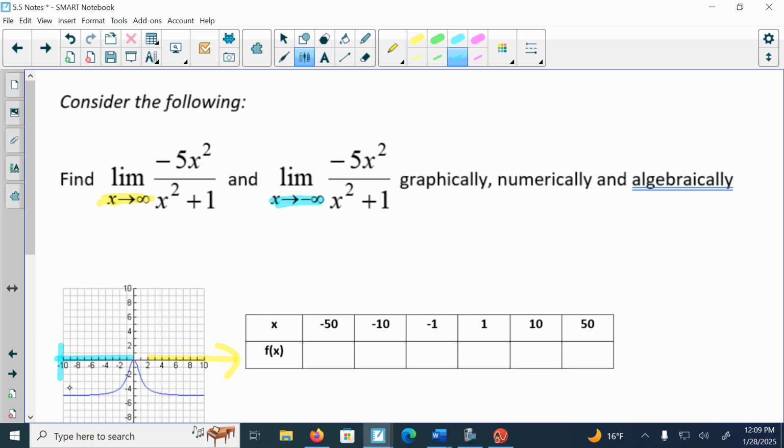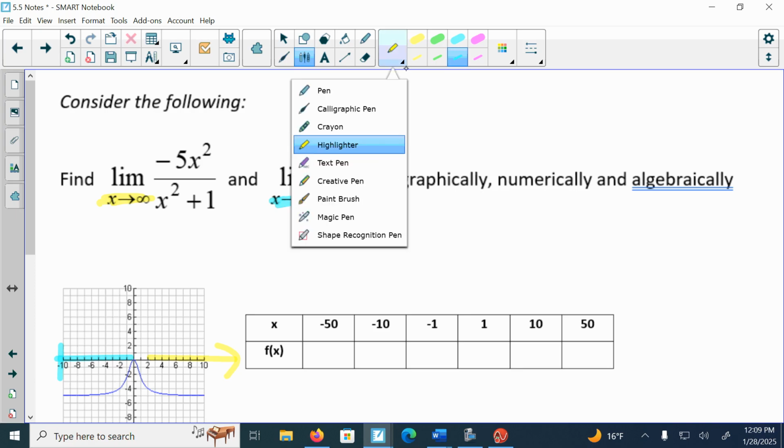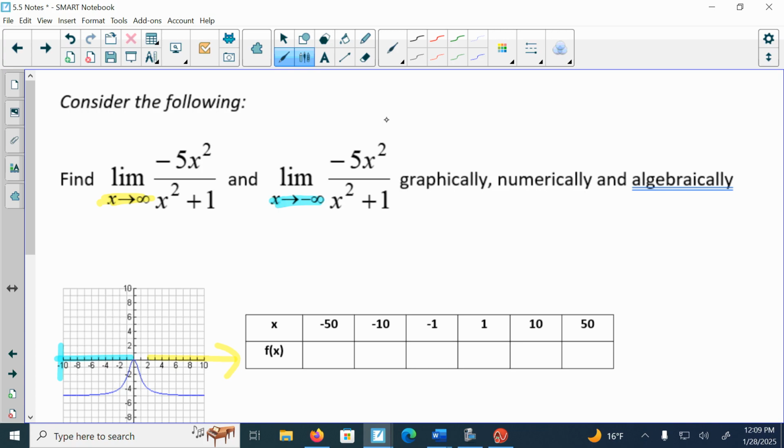So there are three ways we can do this: graphically, numerically, and algebraically. The first thing we're going to do is look at the graph. Here's the graph that I did on my calculator. As I go further and further right, it looks like the line almost flattens out. I count 1, 2, 3, 4, 5.